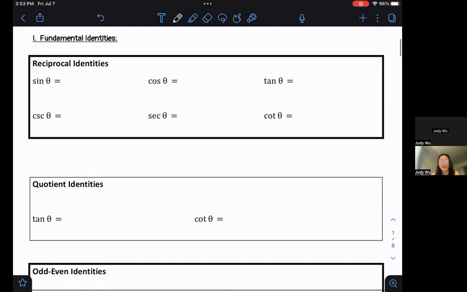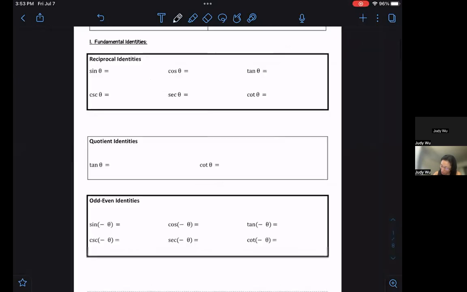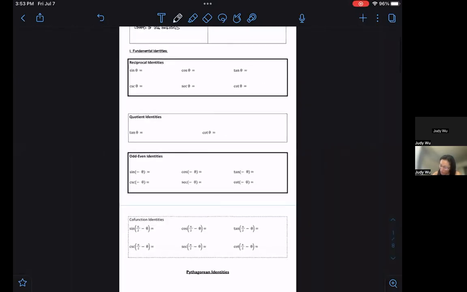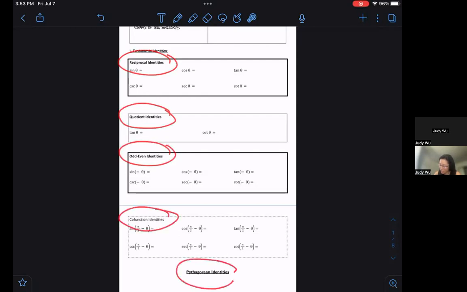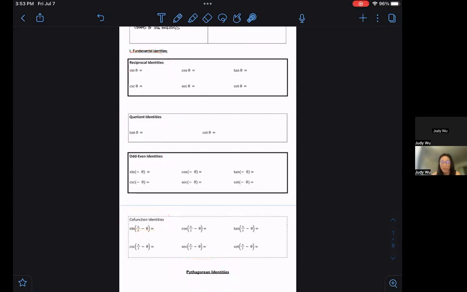Identities are nothing more than things that are always true. Let me zoom out for just a moment. We're going to take a look at 5 different types of identities: the reciprocal ones, the quotient ones, the odd even, cofunction, and Pythagorean.